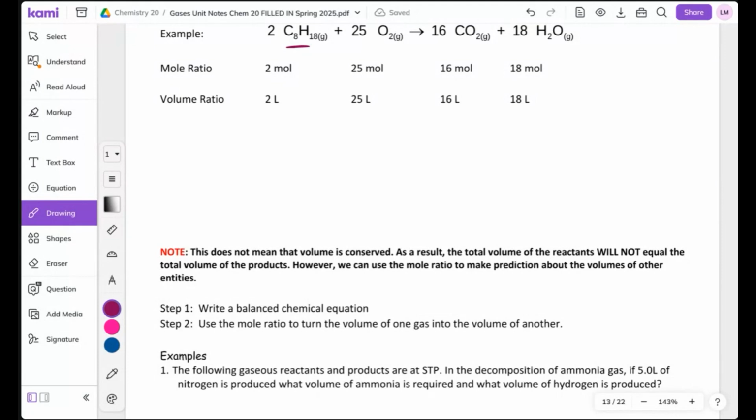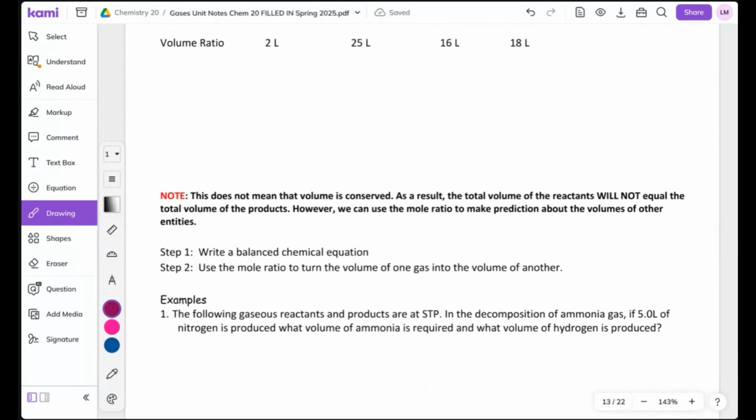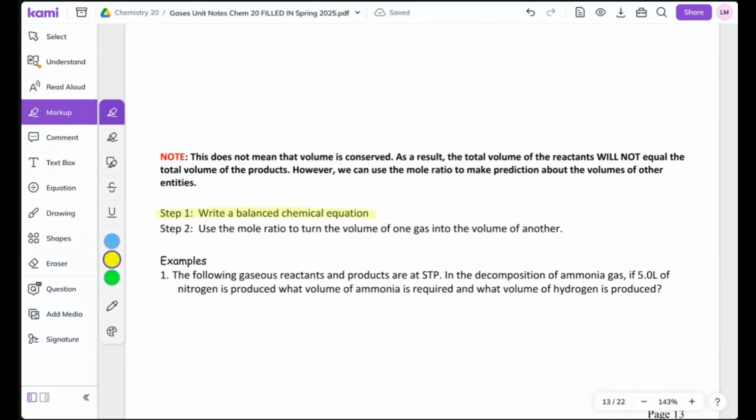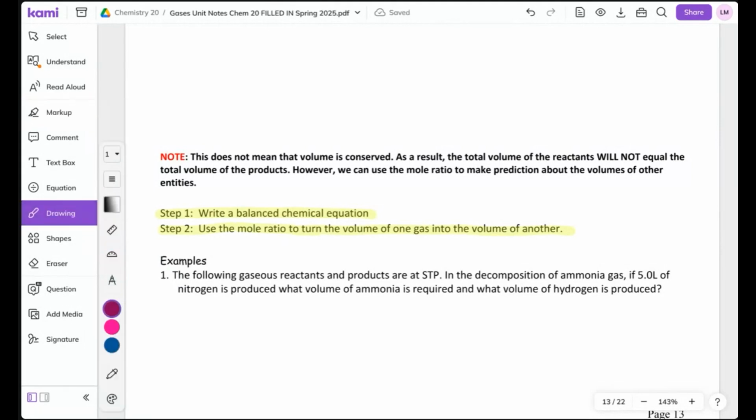However, we can use something called a mole ratio to help us predict the volume of gases either on the product side or on the reactant side. The good news is these calculations are pretty simple. Step 1, make sure you have a balanced chemical equation. That's why we took a bit of time to review how to balance chemical reactions. And then step 2, use the mole ratio to turn the volume of one gas into the volume of another gas. It just depends on what gas the question's asking for.